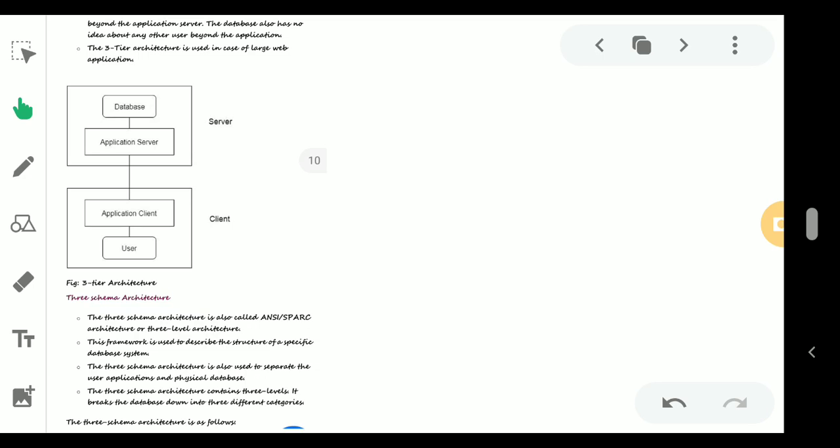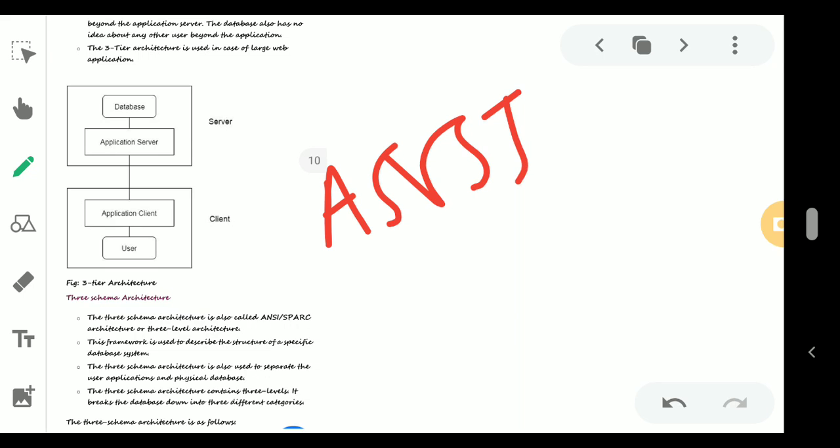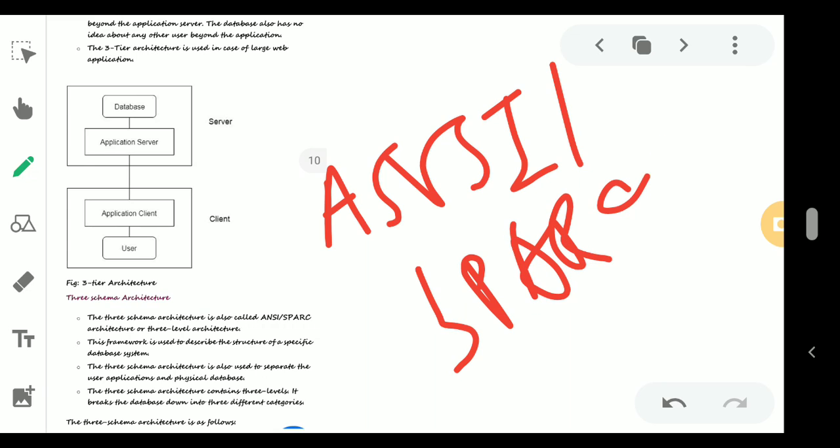The 3-schema architecture is also called ANSI/SPARC architecture. Again I am writing, it is known as ANSI/SPARC architecture, the 3-schema architecture. The framework is used to describe the structure of a specific database system.